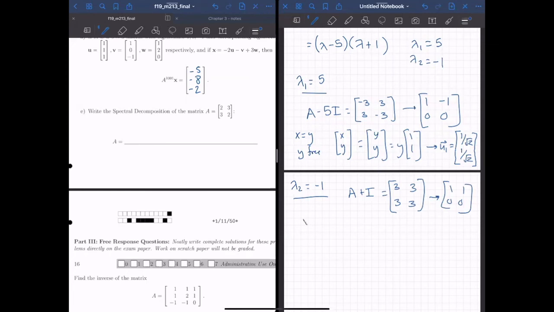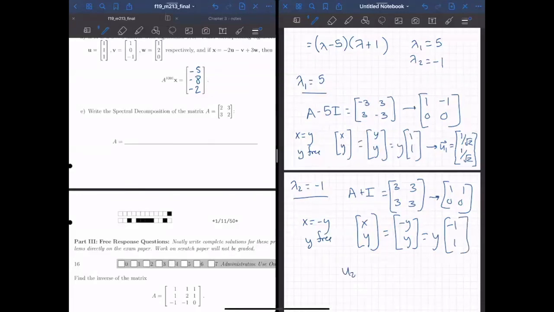Therefore x equals -y, and y is free. And my vector (x, y) becomes (-y, y), and so my second eigenvector, again normalized, becomes (-1/√2, 1/√2).